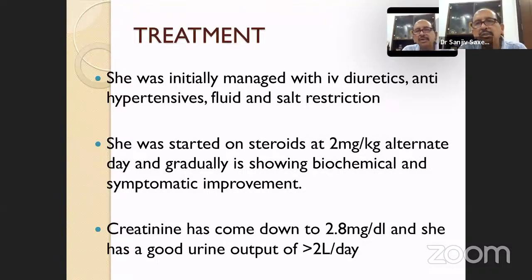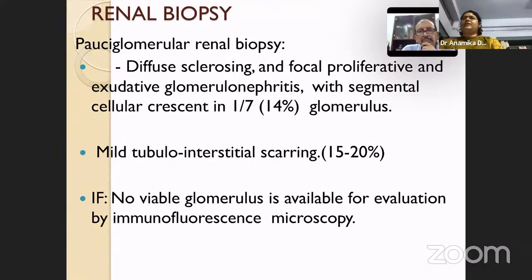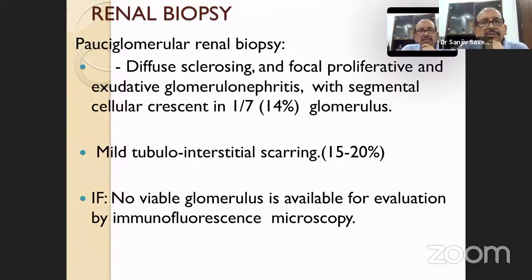What in the light microscopy, when IF is not available, would tell you that this is more in favor of IRGN? Sir, presence of an exudative glomerulonephritis is typical of IRGN. If we see neutrophils being more, I think that's probably the only clue. Otherwise, the light microscopy really doesn't tell you which from which, whether it is IgA, IRGN or lupus.